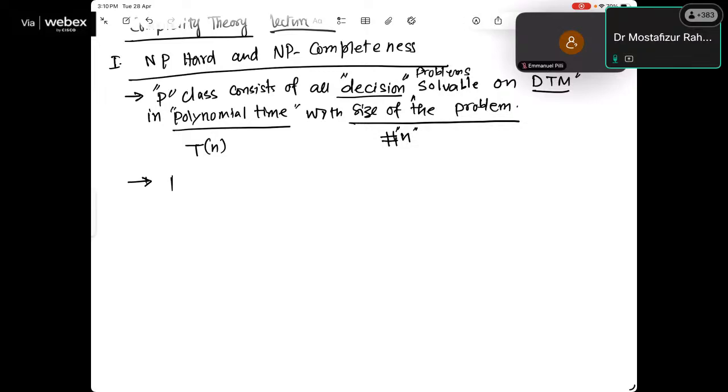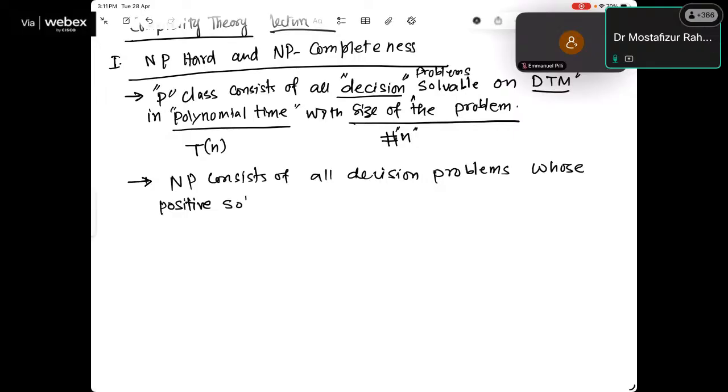Next is the NP complexity. NP consists of all decision problems whose positive solutions, now I define the term positive solution.